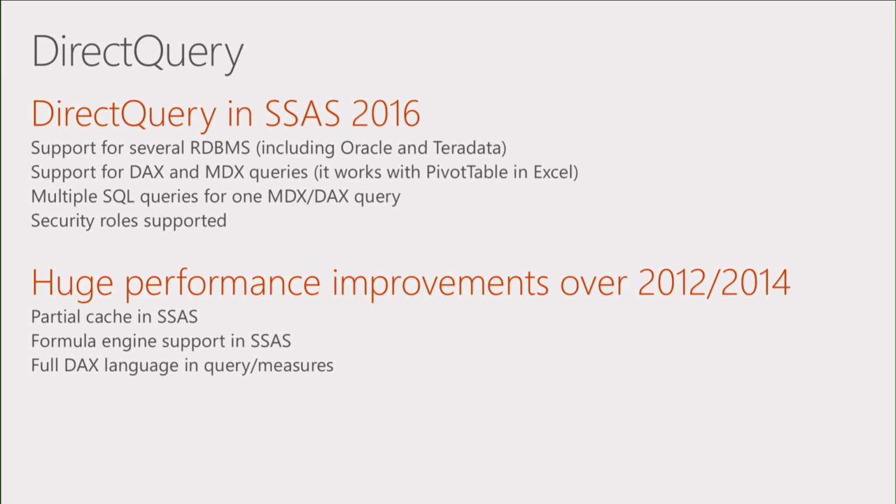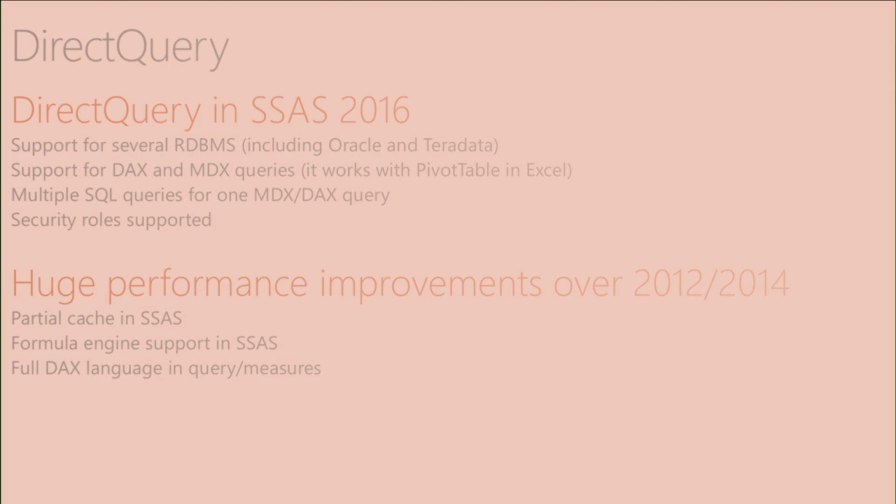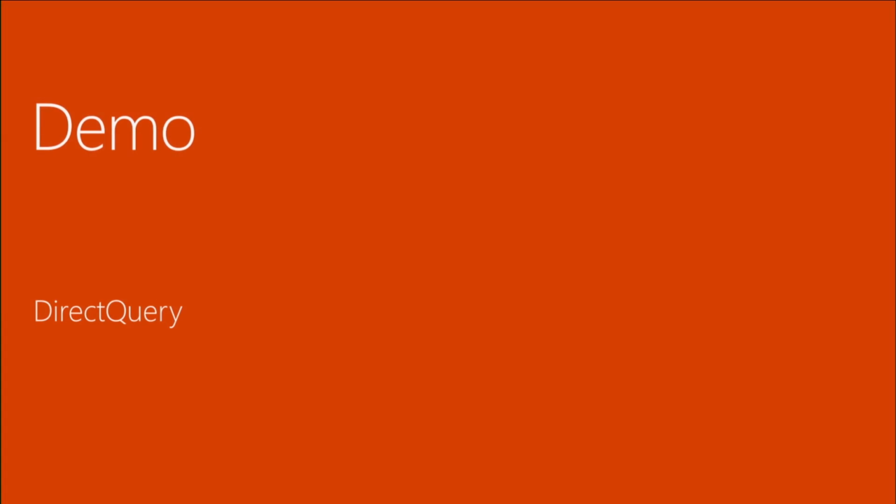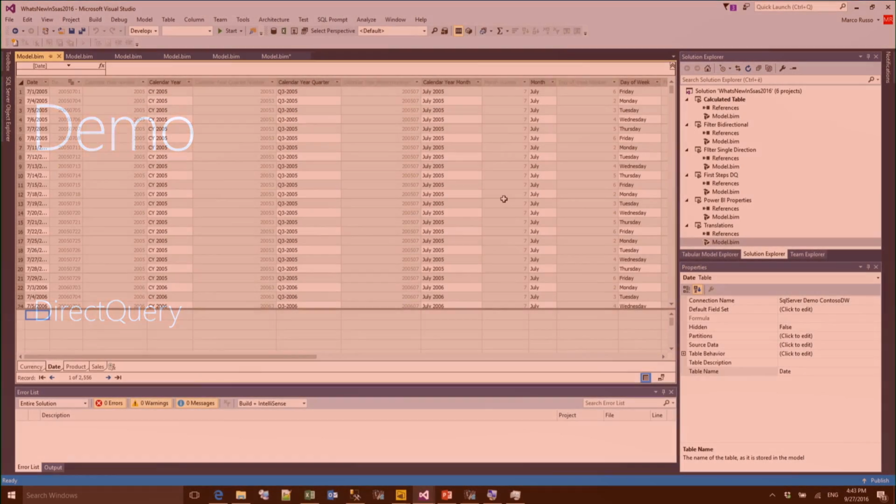So part of the query is still solved by Analysis Services. As with any decision, there are pros and cons. And I want to show you how this works, showing you the SQL code generated so you can get an idea about how this will work. So let me go to the demo, and let me show you what we can do with this.